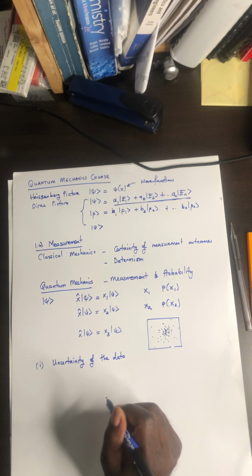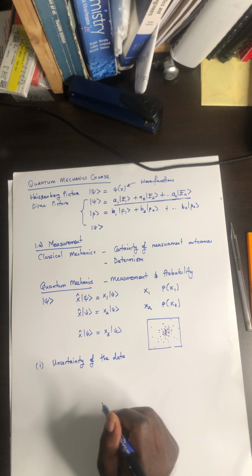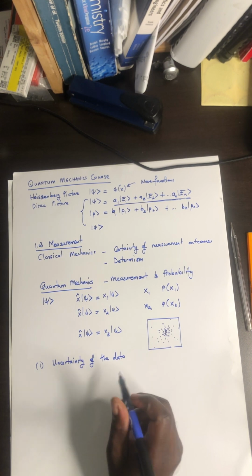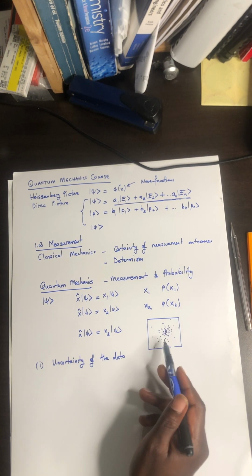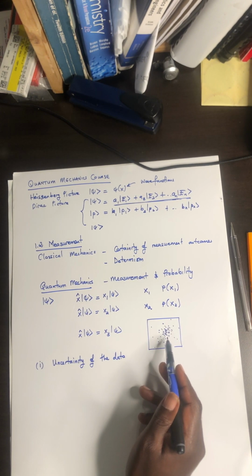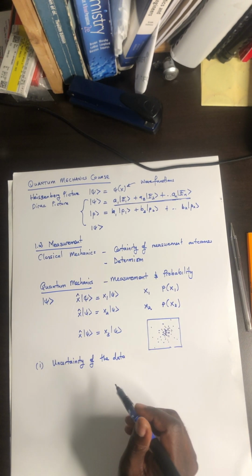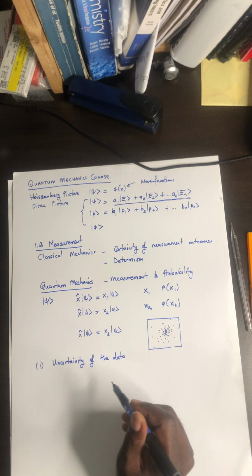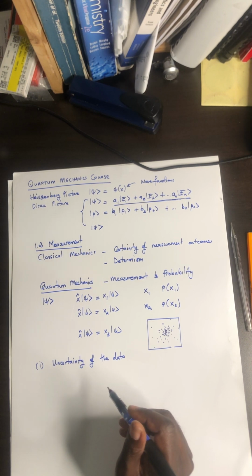Like if you were to try to measure the position of an electron, like in this example where I was talking about a silver atom fired onto a screen, the data has an inherent probability distribution. It's never really precise.